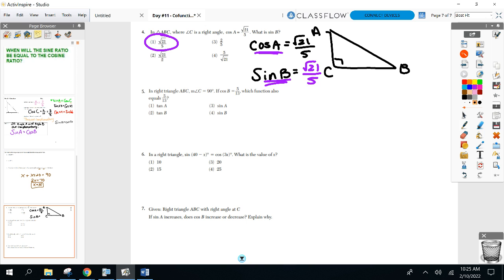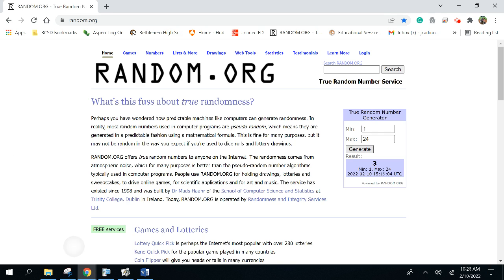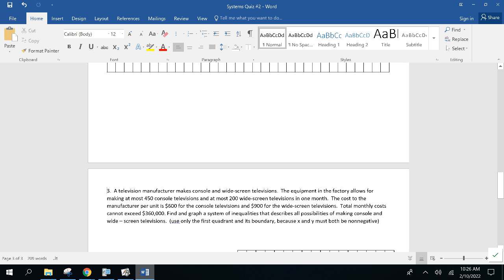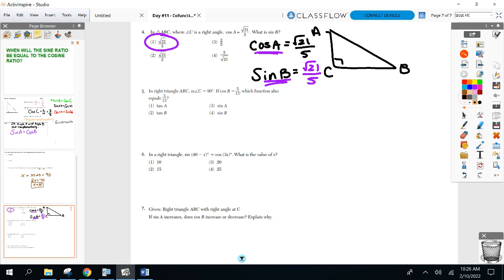All right, ready? Number 5. Cosine B is 5/13. Which one also is going to be equal to 5/13 then? Number 3, sine A. All right. Number 6 here.